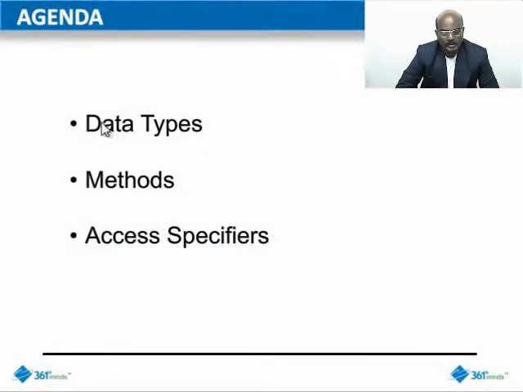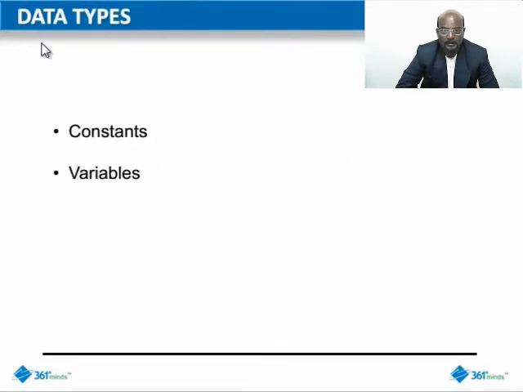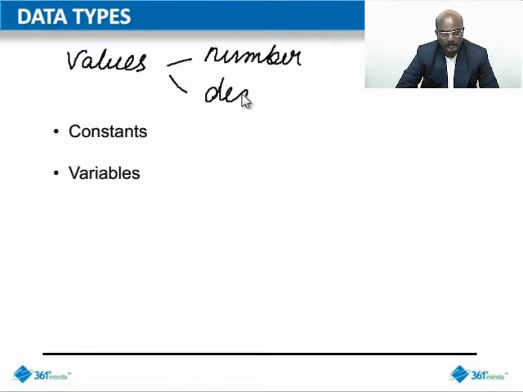What is a data type? A data type is the values that you give as input or output to the user during the course of a program. It could be a number, it could be a decimal, or it just could be a set of words or characters. And data types can be divided into two types.